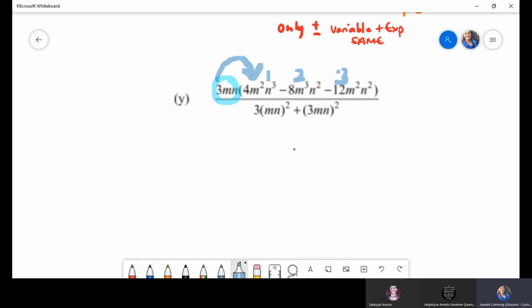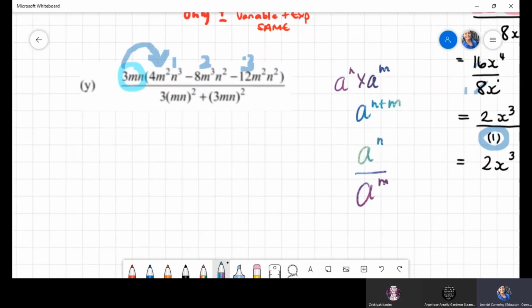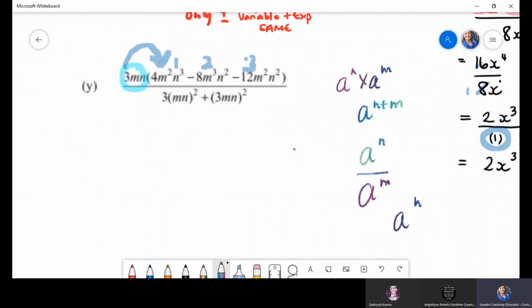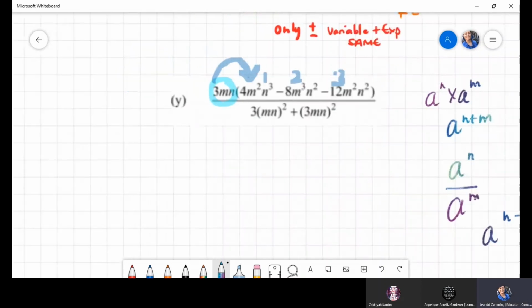My variables will however have to follow the rules of exponents. And this is the only time when exponents change, when we have product or division.